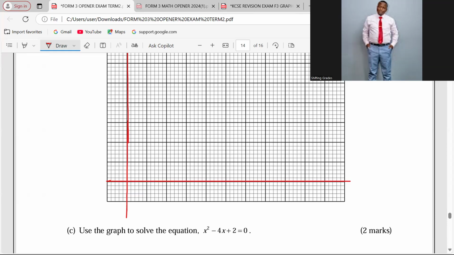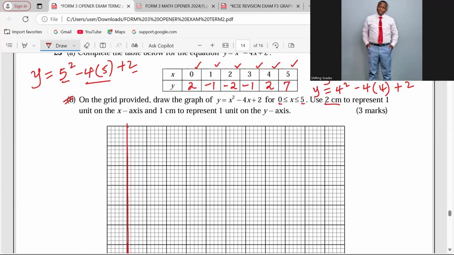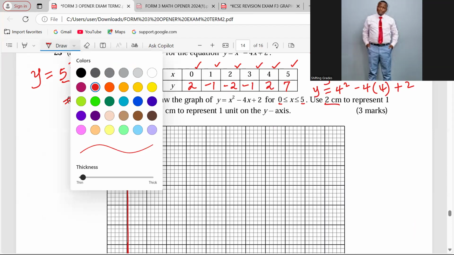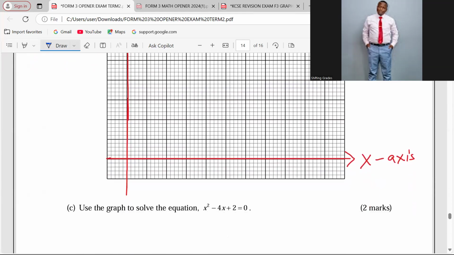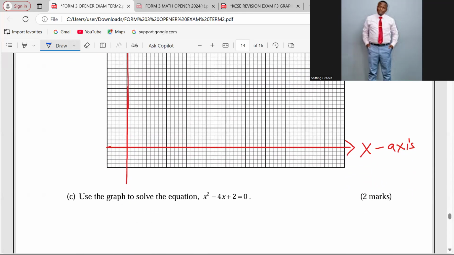So this is the x-axis, and then the y-axis. Now, according to the provided scales, we are supposed to have on the y-axis 1 unit for 1 centimeter. So 1, 2.